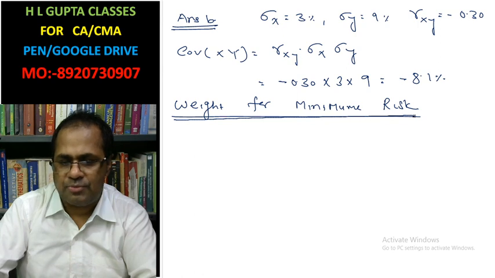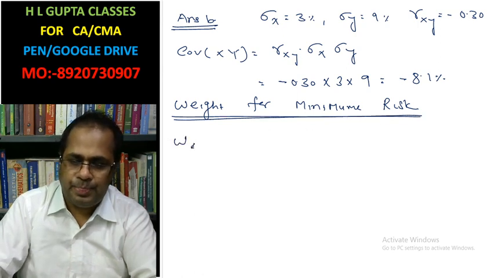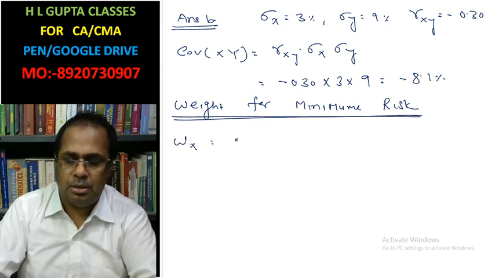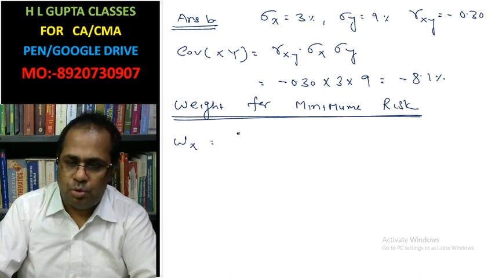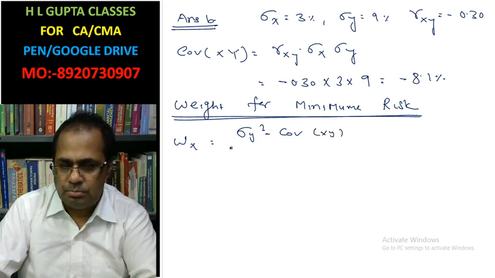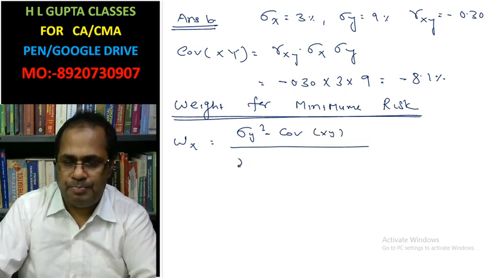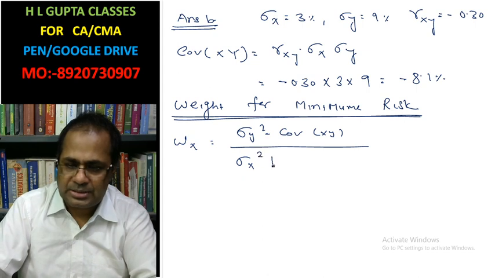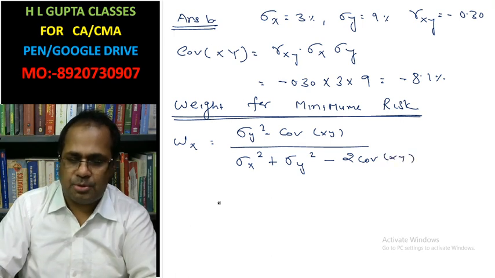In this case, what formula is applied? Weight x equals (standard deviation y square minus covariance xy) divided by (standard deviation x square plus standard deviation y square minus 2 covariance xy). This is the formula.